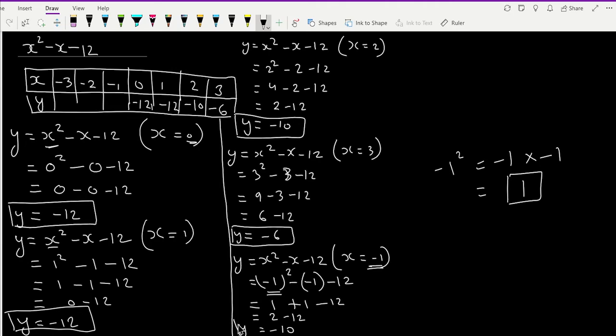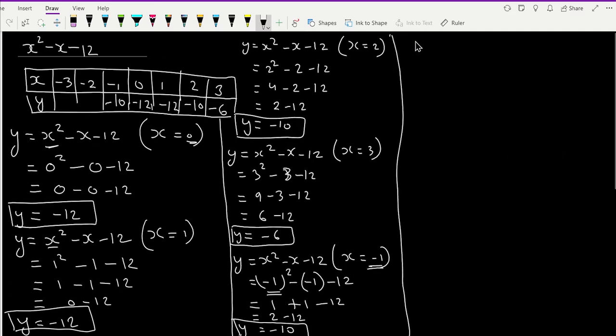So this is our value for x equal to minus 1. I'll write here minus 10. Now let us calculate for x is equal to minus 2. Here y is equal to x square minus x minus 12. So I am taking x is equal to minus 2.